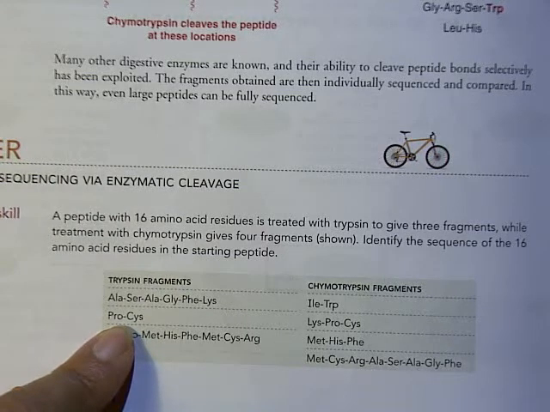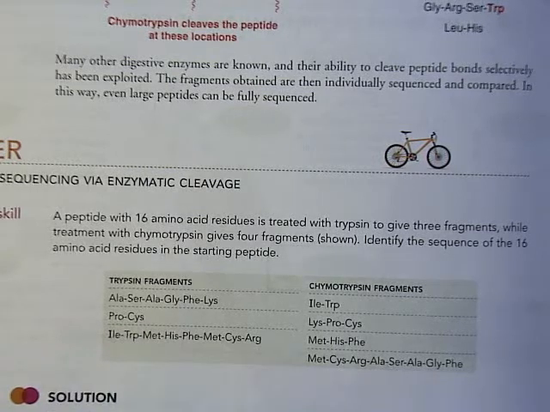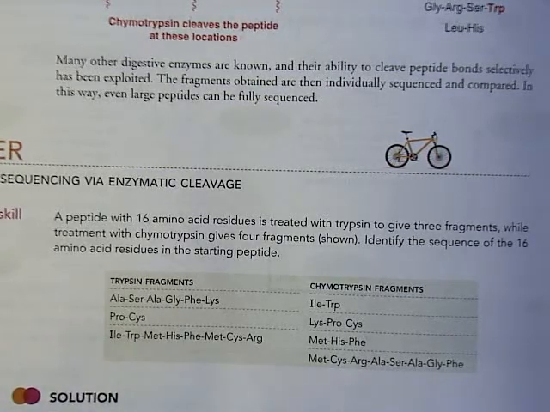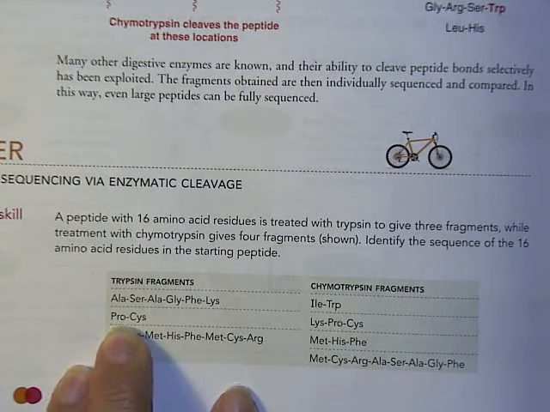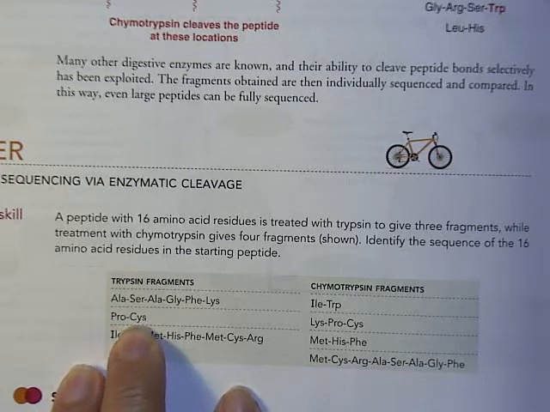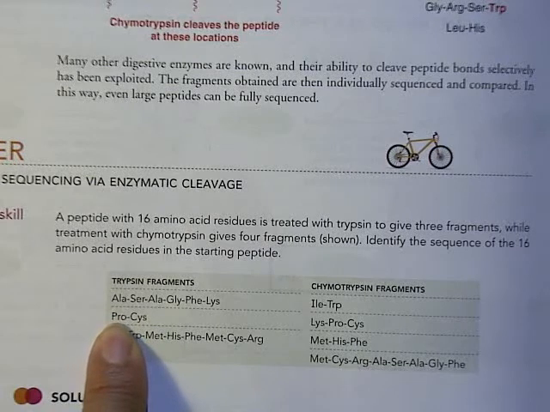So that means this fragment probably was the one that had the C-terminus of the original peptide, right? So we zoom in on that, and we know that the cysteine is the C-terminus amino acid of the protein.